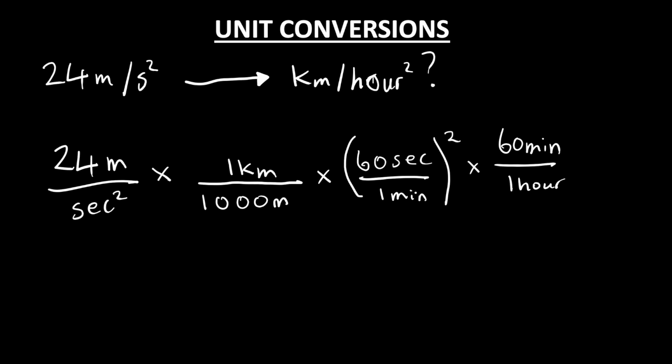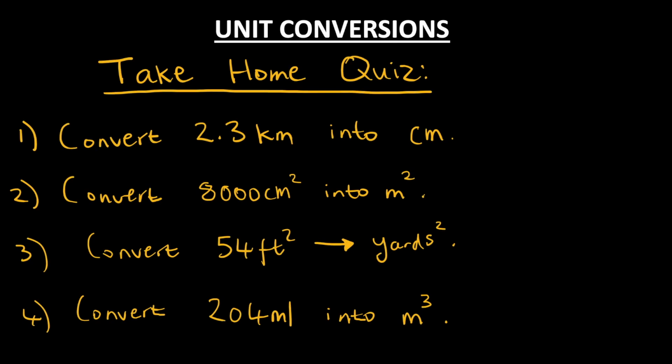But as this is minutes squared, and we want to answer in hours squared, we have to square this as well. Finally, this whole conversion will give us kilometers per hour squared. The answer we will get is 311,040 kilometers per hour squared.